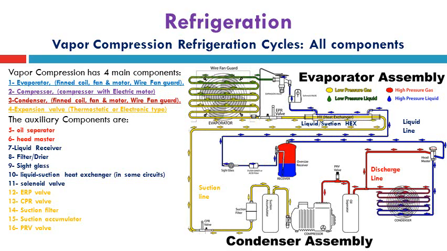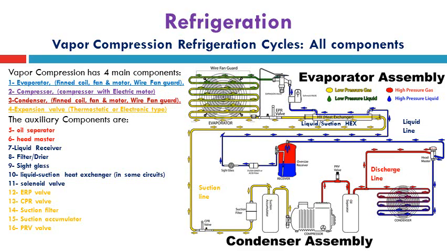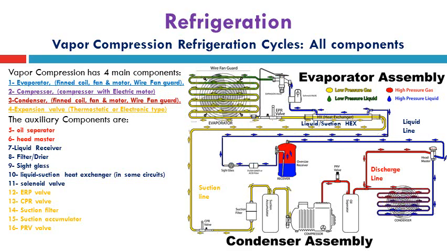Then we can use a liquid suction heat exchanger to exchange heat by supercooling the liquid refrigerant going out of the condenser with the gas going out from the evaporator before entering the compressor.